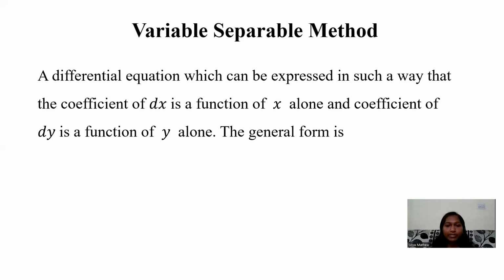So what do you mean by the variable separable method? If a differential equation can be expressed with the coefficient of dx a function of x alone and the coefficient of dy a function of y alone, then we call it a variable separable form. So the general form is some function of x into dx is equal to another function of y into dy.